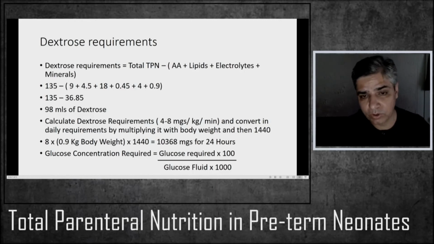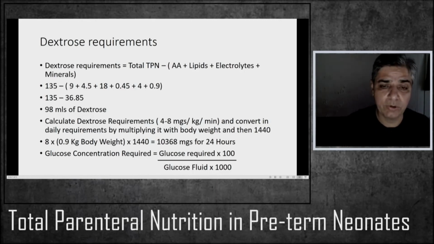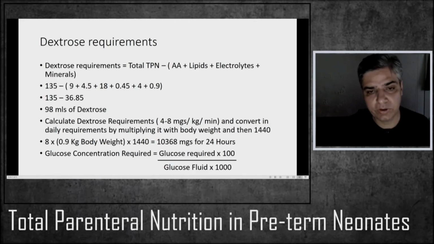You divide it by 24, that gives you the hourly rate. Then you calculate the amino acid, the lipid, the electrolytes, and multivitamin requirements, and finally you calculate the dextrose requirement. Then you add up all this and you start an infusion, give it at the hourly rate for the 24 hours, and then you review.